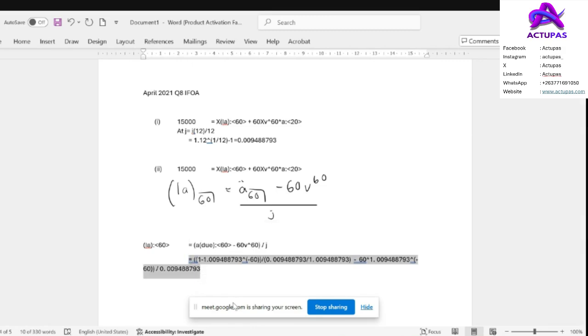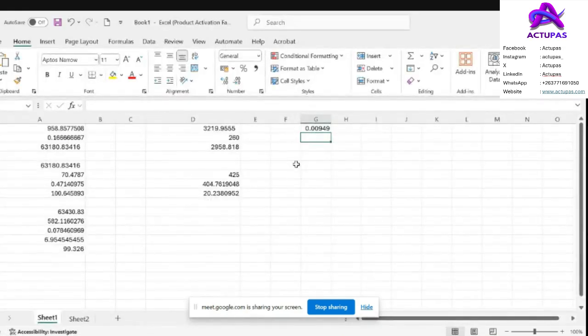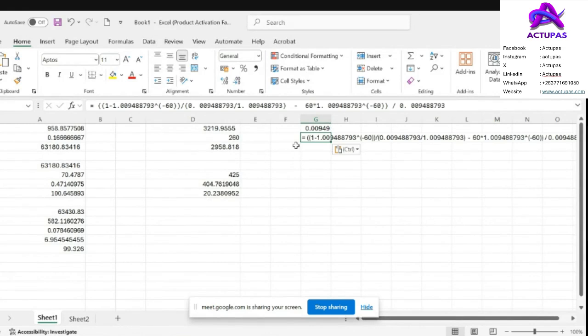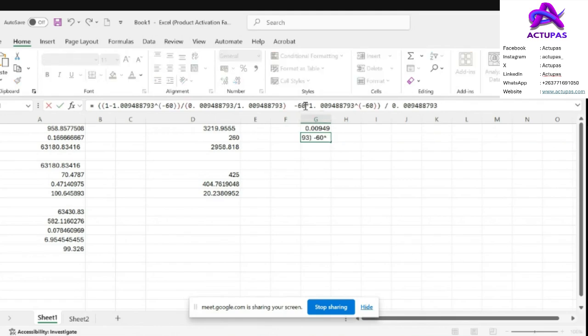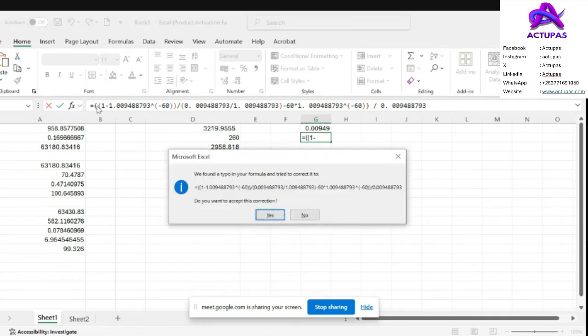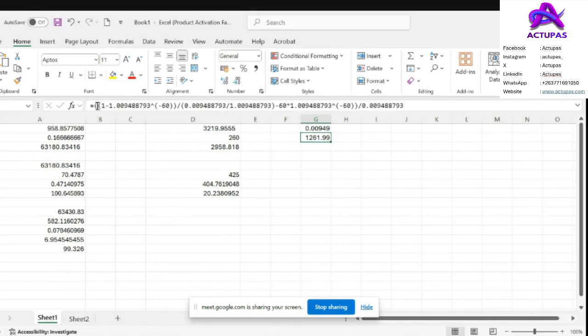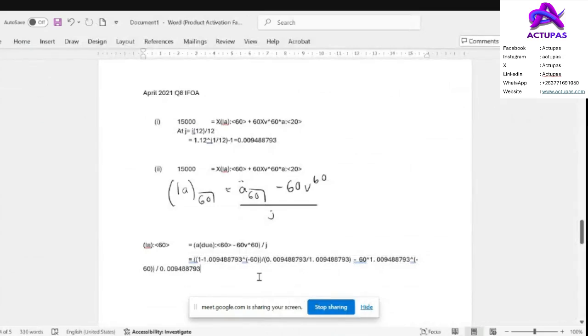Then copy this whole formula here, put it in Excel. My Excel didn't read this at first. Yes, we get our solution in Excel, and this would be your (IA)60.